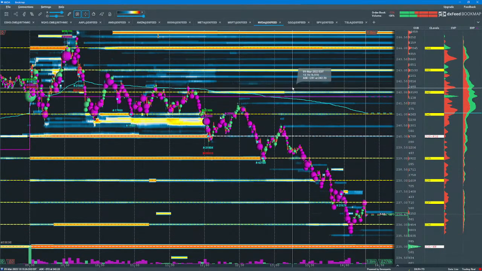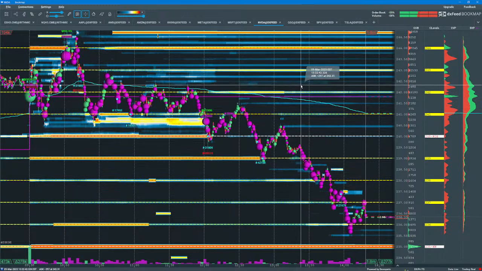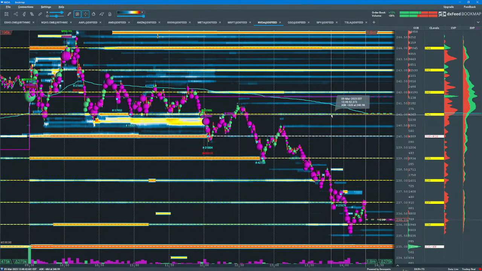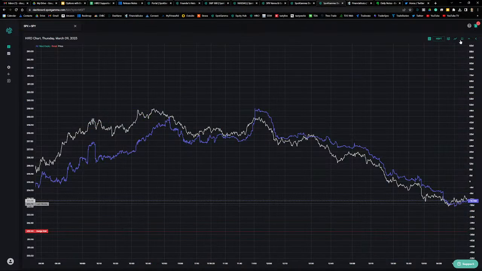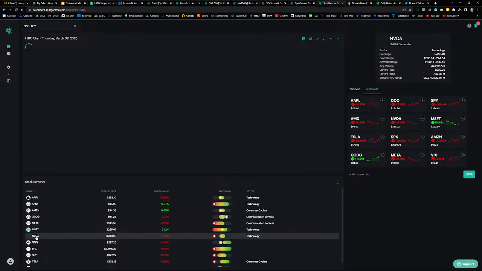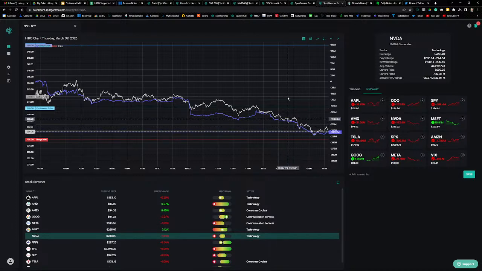Let's just take a look at NVIDIA. So again, remember, NVIDIA, the assumption was initially bullish, and I think JEC traded that. Yeah, JEC, I thought it would have been a Microsoft today, given that strong correlation. But anyway, here's NVIDIA. And let's take a look at Hero for NVIDIA. And really confirming the downtrend.